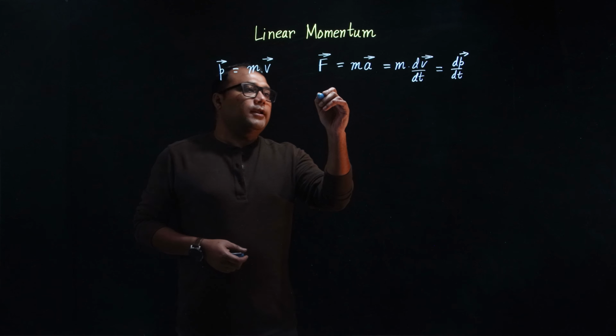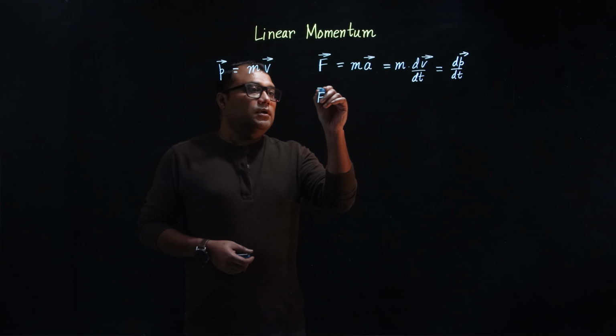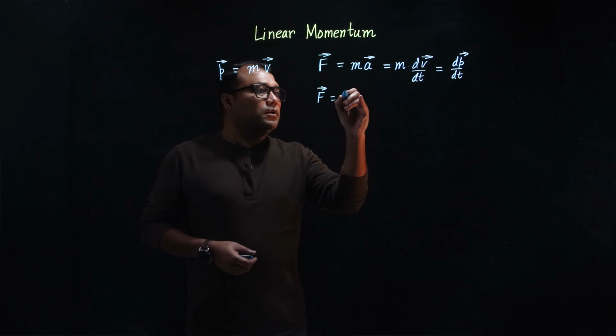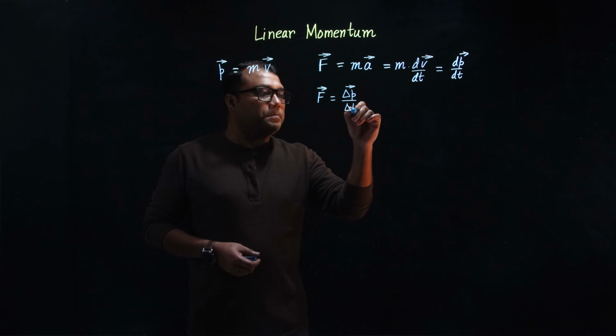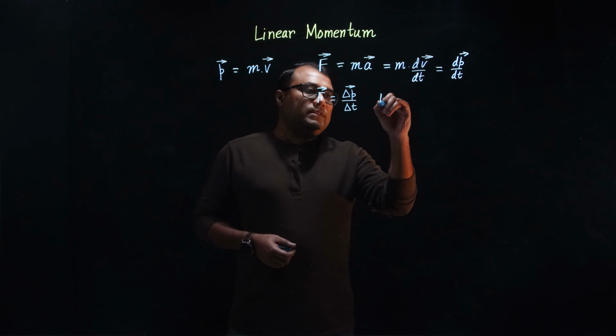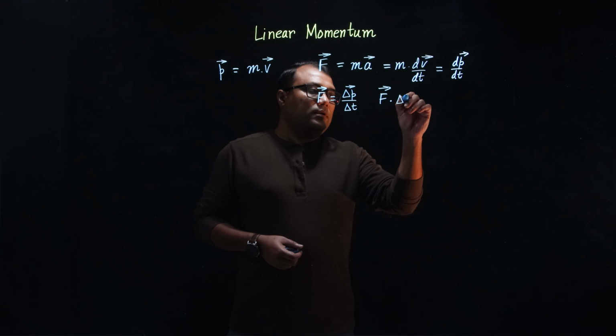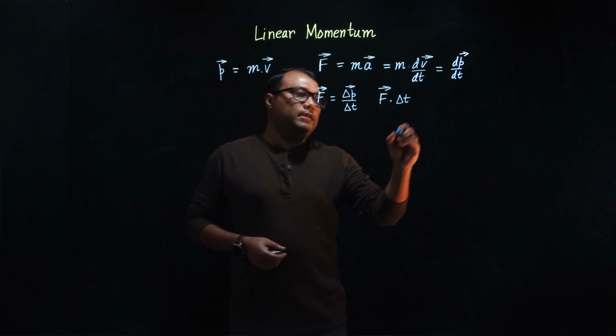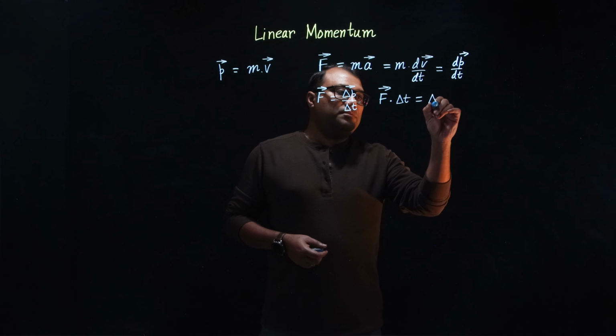Also, if we write force in this form, delta P, which is change in momentum over a period of time, then we can say F times delta T is change in momentum.